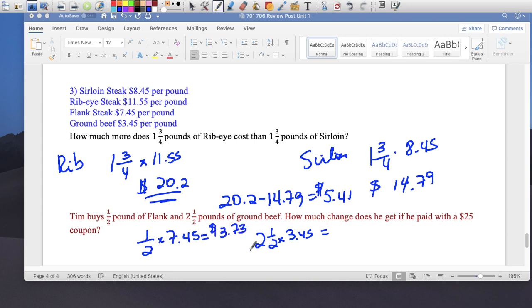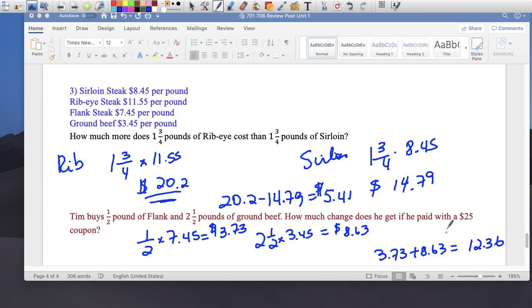And this is going to be 8.63. So we're going to add these two, right? 3.73 plus 8.63 equals 12.36.